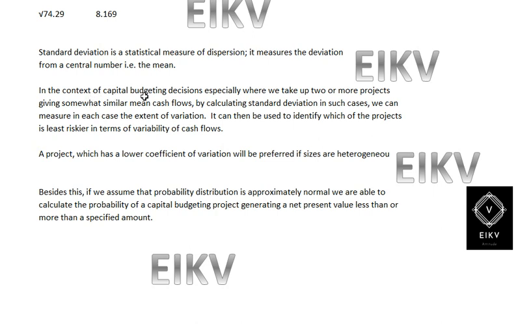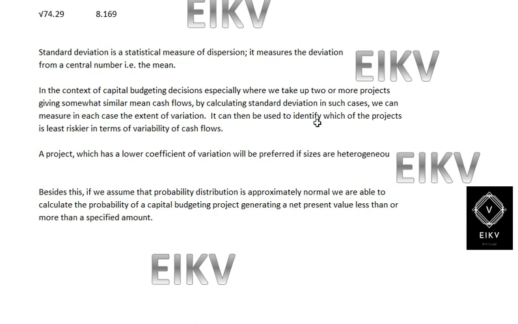So in the context of capital budgeting decisions, especially where we take up two or more projects with somewhat similar cash inflows, by calculating the standard deviation, in such cases we can measure in each case the extent of variation.